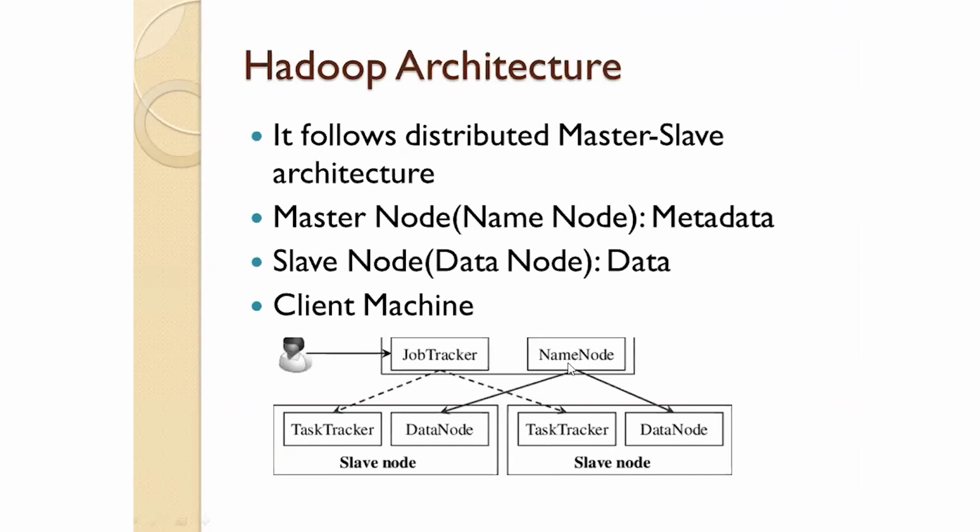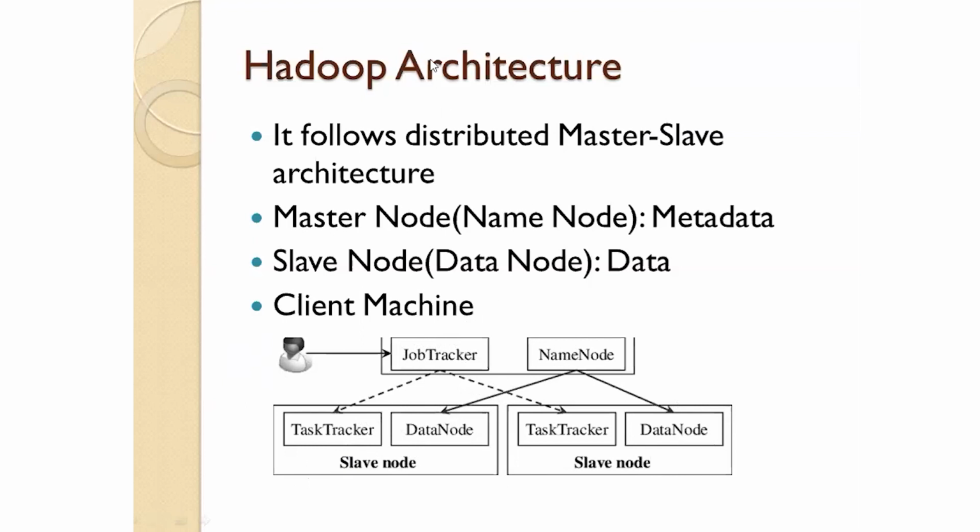So name node and data node are the components of HDFS, and job tracker and task tracker are the components of MapReduce, which is the computation engine. And YARN also has two components: in the master node it is the resource manager, and on the slave node it has the node manager, which are the components that communicate in the Hadoop architecture.